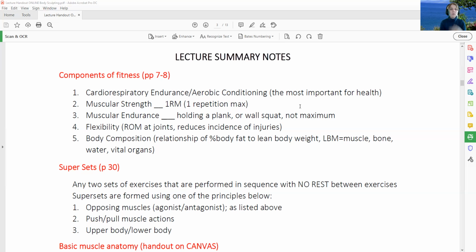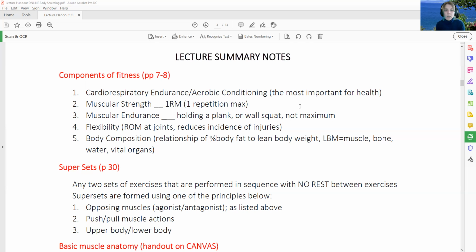Okay, so the soft tissue around the joint and also the connective tissue inside the joint will determine how flexible that joint will be, or how much range of motion will be available at that joint. So if you increase the flexibility of a given joint, that will greatly reduce the risk of having injuries or incidences of injuries.